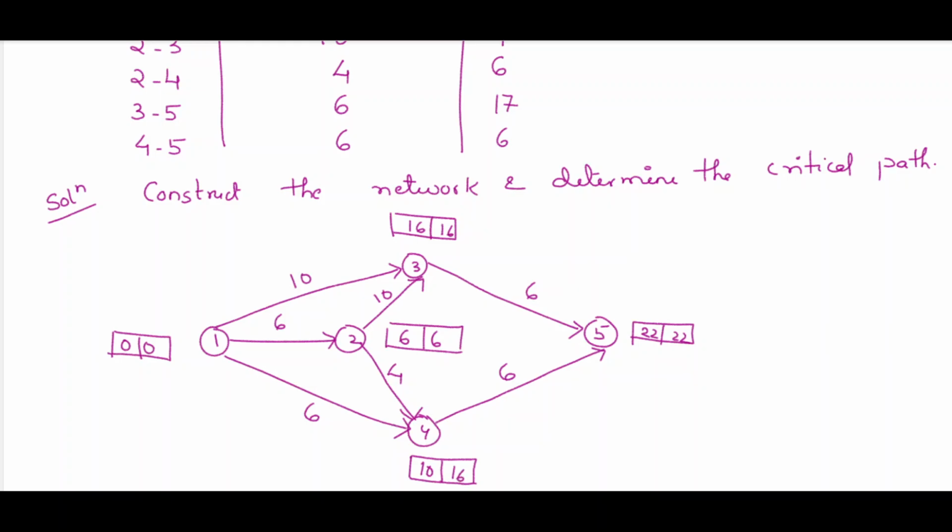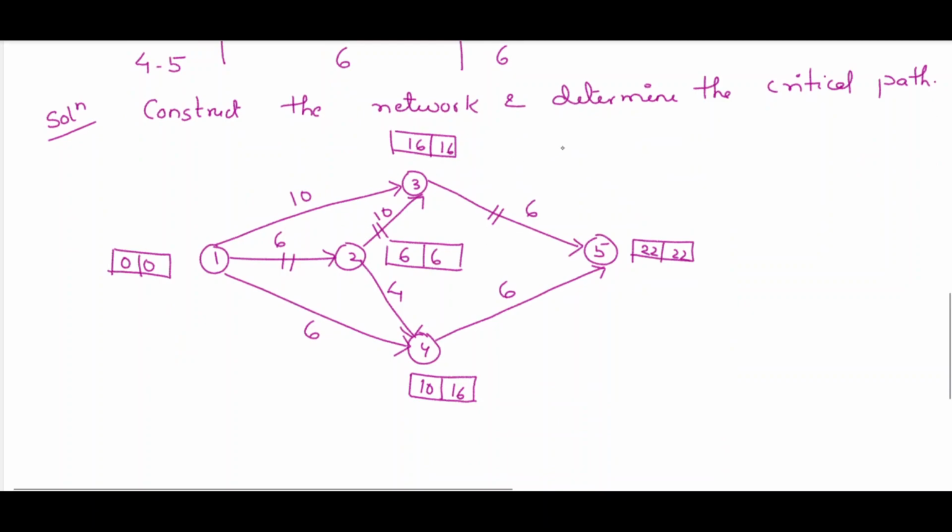So we have completed the network. Now the critical path is 1 2, 2 3 and 3 5. So for this problem, the critical path is 1 2, 2 3 and 3 5.